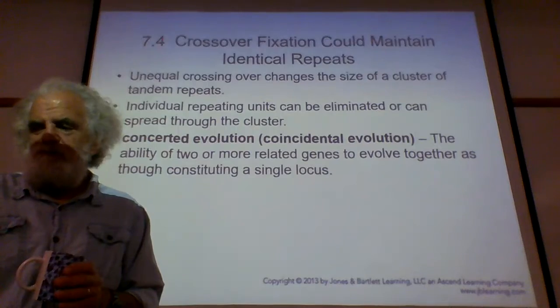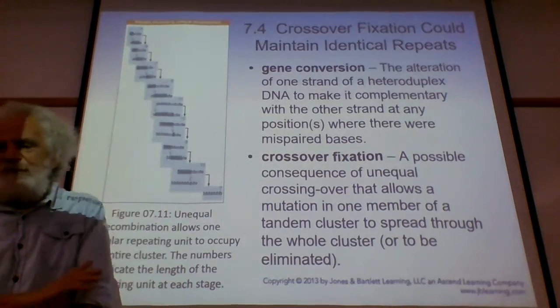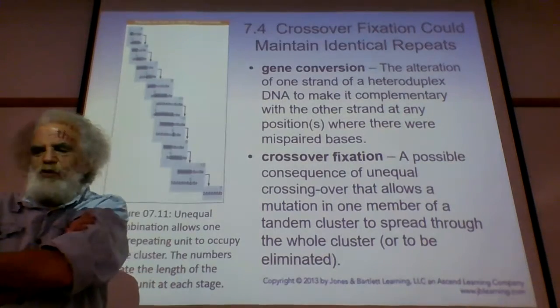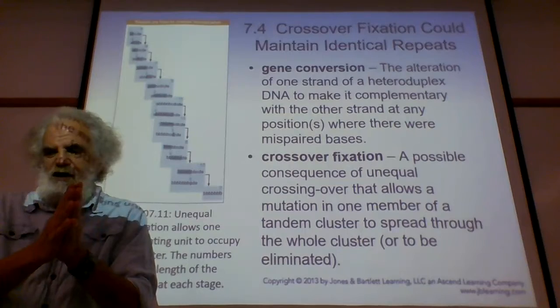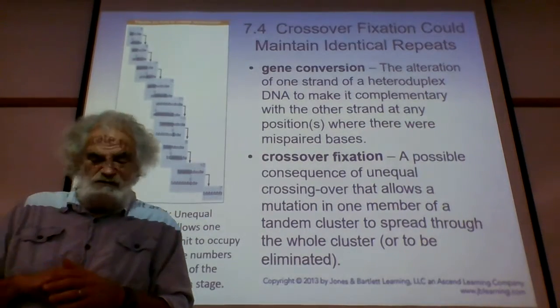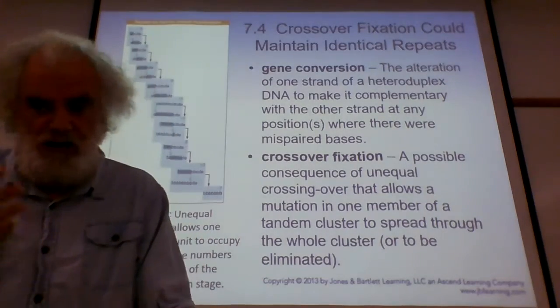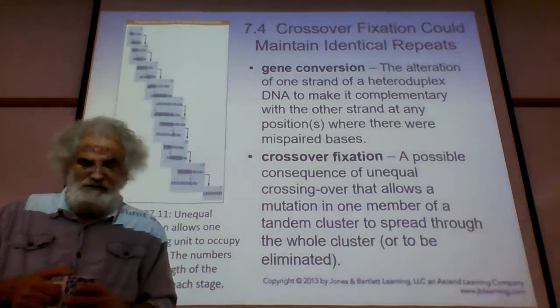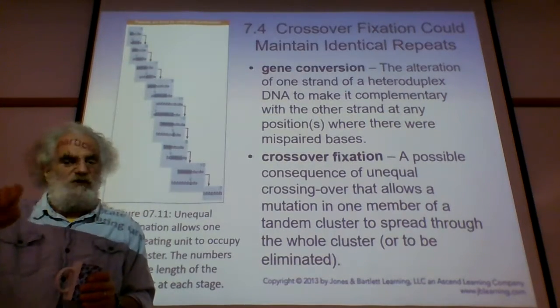Now, another event that can happen, and this is showing unequal recombination, is allowing for the advancement or contraction of a repeat sequence. And there actually are some diseases that are generated through this. Huntington's disease is one specific repeat sequence disease.